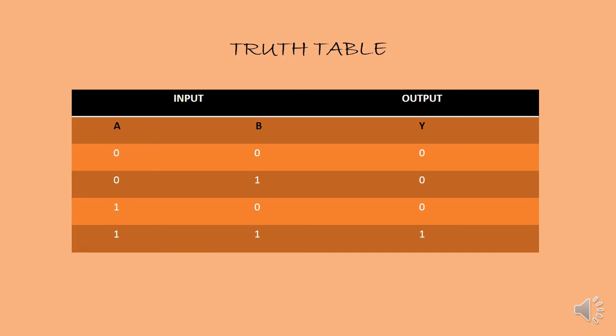When A 1, B 0 means 1 dot 0, we get 0 output. When both inputs are at logic high state, that means A is 1, B is 1, that means 1 dot 1, we get 1 output. So this is the truth table of an AND gate.